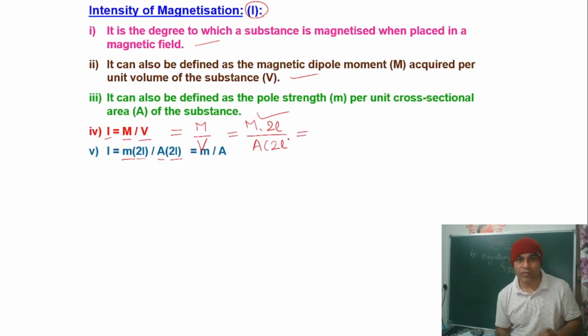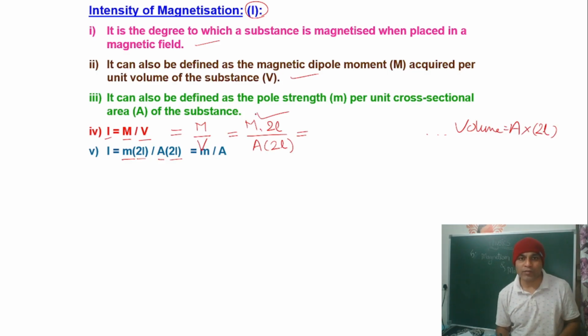Actually, volume is equal to area into twice the length.